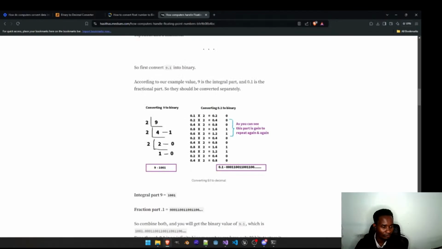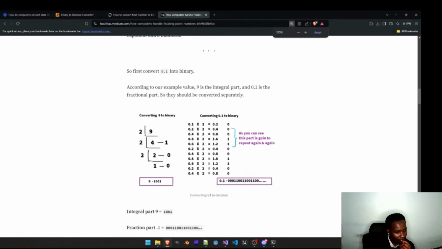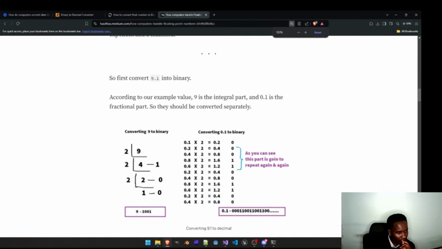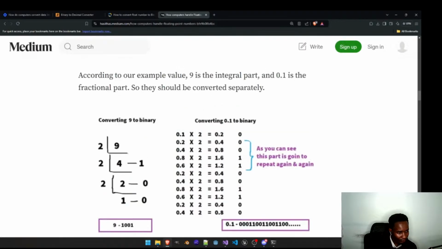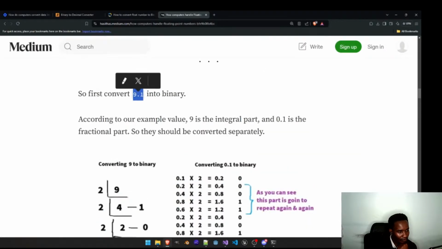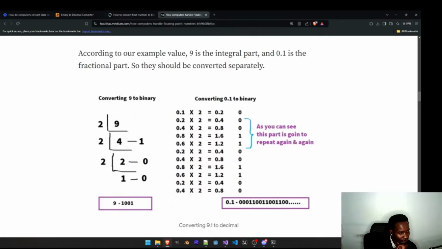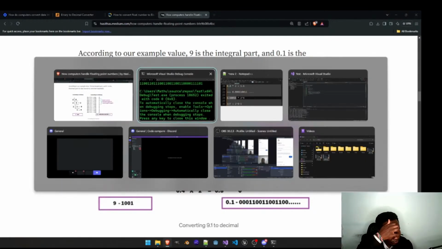Okay, so here's a bit of a visual explanation. I hope you can see what I'm saying. Yeah, I can see it properly. So they're actually using our example, 9.1. Converting 9, I don't think that's a big hassle for us. Then converting 0.1, they have the same value we got here.